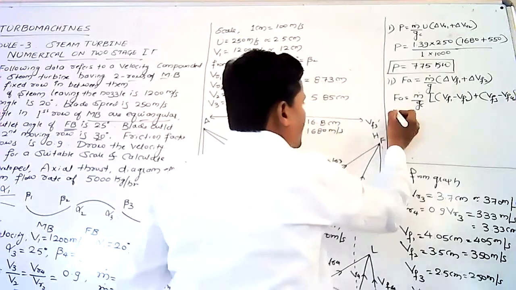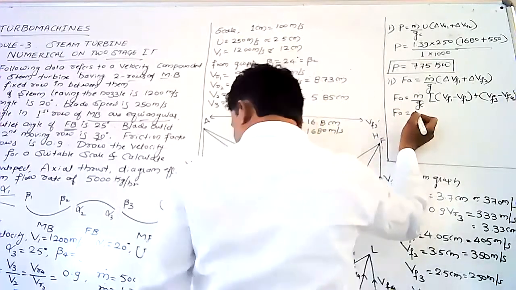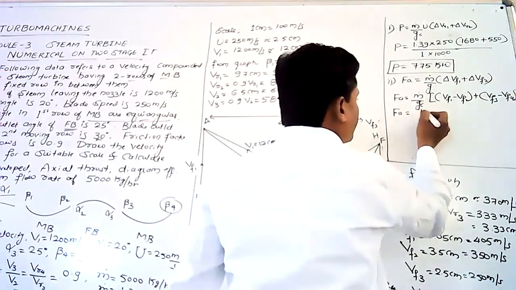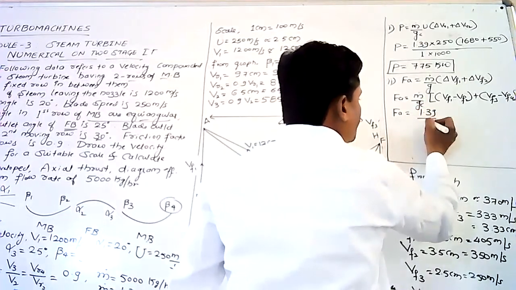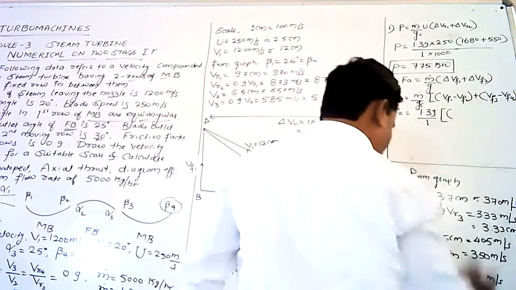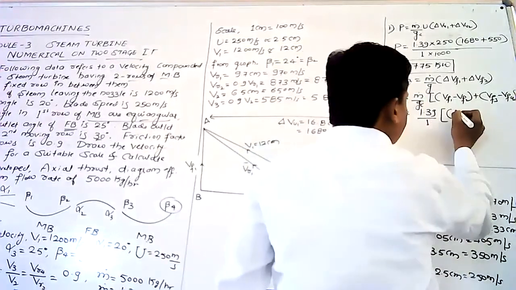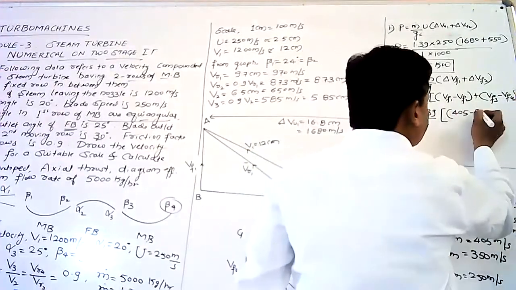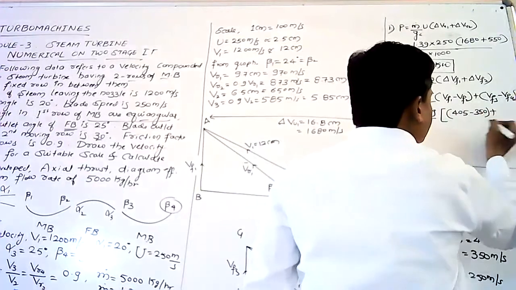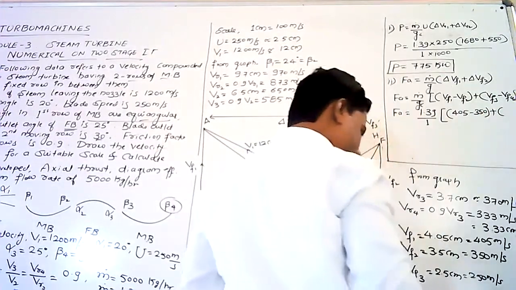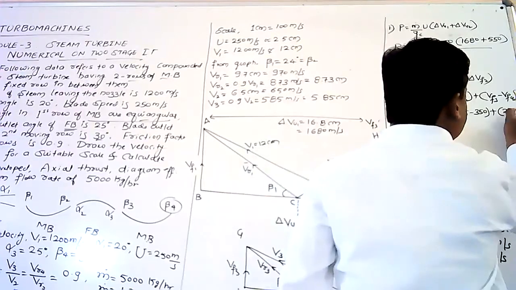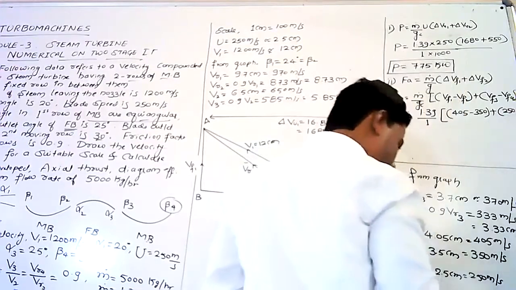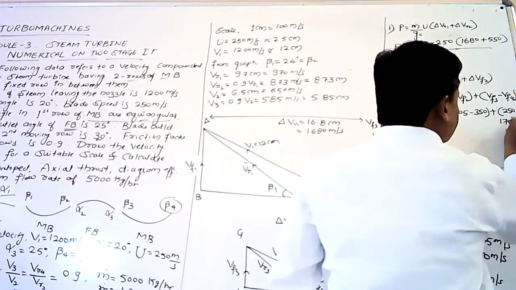So Fa equals m dot is 1.39 by Gc is 1, Vf1 is 405 minus Vf2 is 350 plus Vf3 is 250 minus Vf4 is 170.